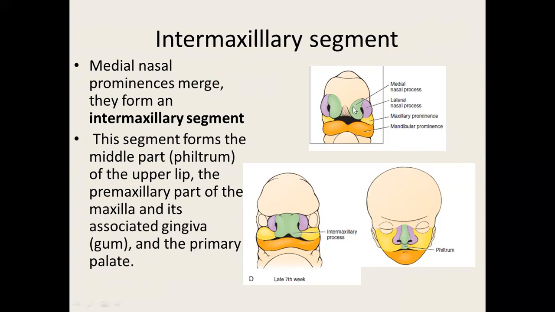So this merged median nasal prominence gives rise to an intermaxillary segment, which will contribute to the philtrum of the upper lip, the premaxillary part of the maxilla, which is a part of the upper jaw carrying the upper four incisors, and the primary palate, which is in front of the incisive foramina. So it has got a labial component, a jaw component, and a palatal component.